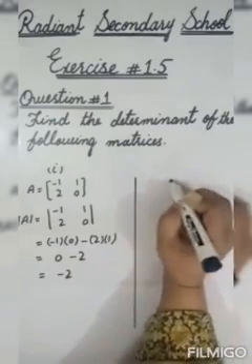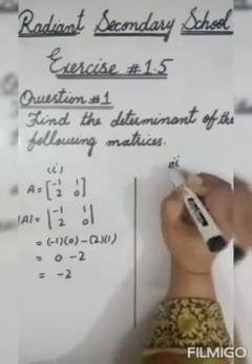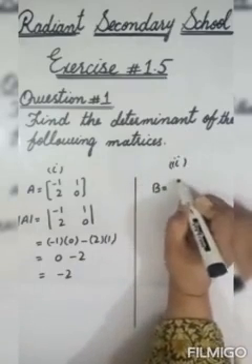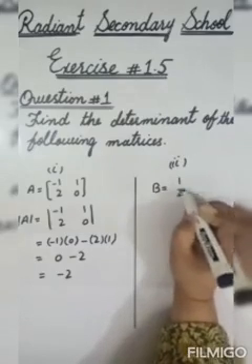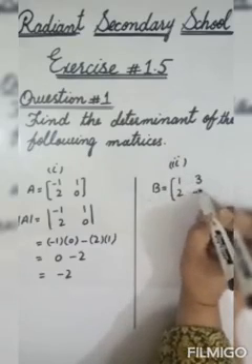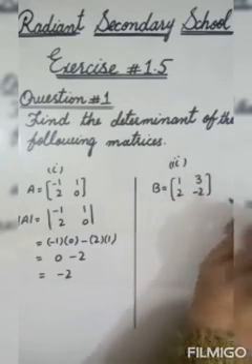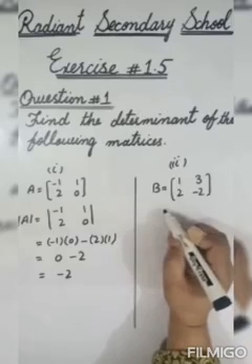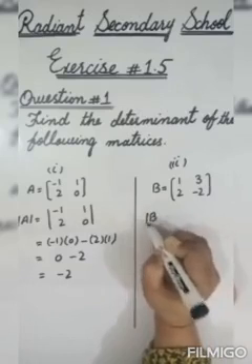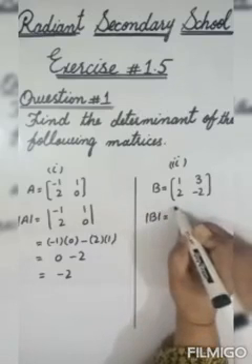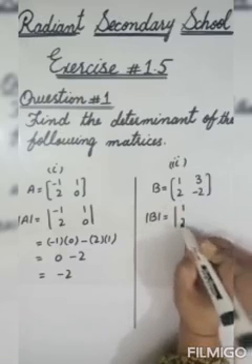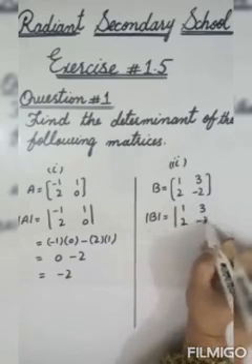Now part number 2 is B is equal to 1 2 3 minus 2. Similarly, for finding the determinant of B, it is represented by B mod, and after this we change the brackets into straight lines, 1 2 3 minus 2.